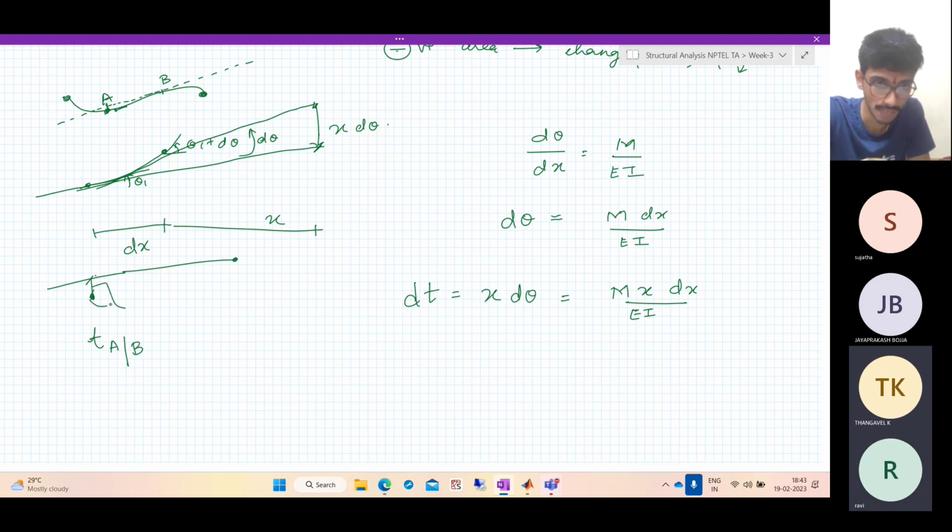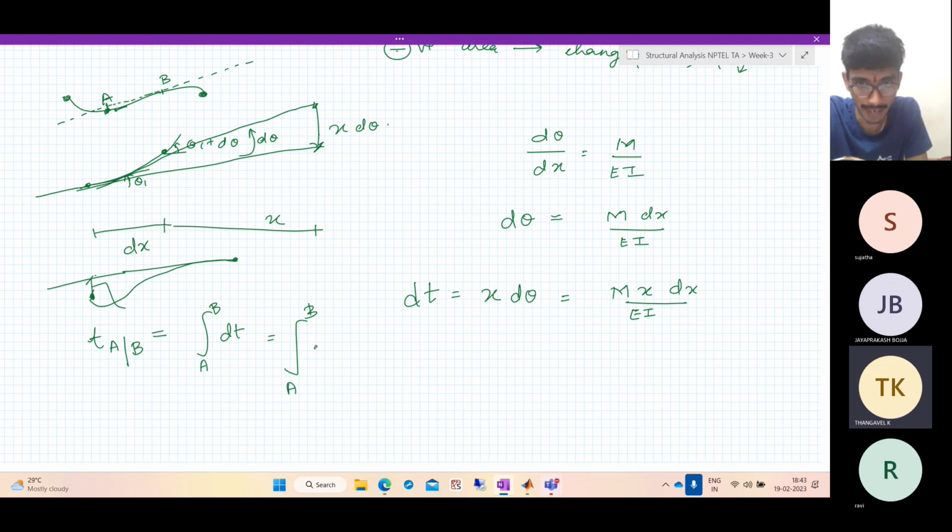If you have something like this, the deviation is called t of A with respect to B. That distance is equal to the integral of dt from the point A to B, nothing but the integral A to B of x m of x dx by dI.